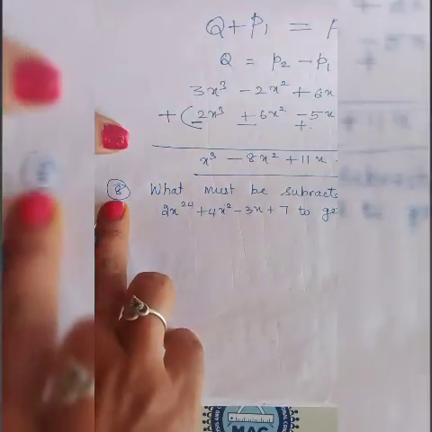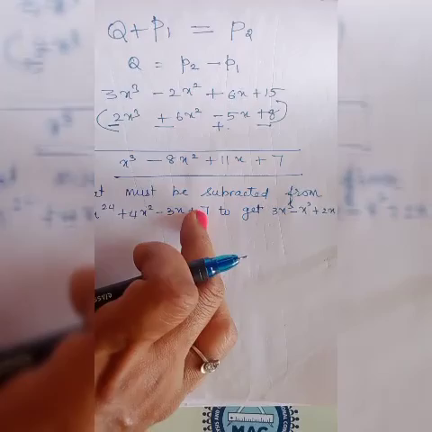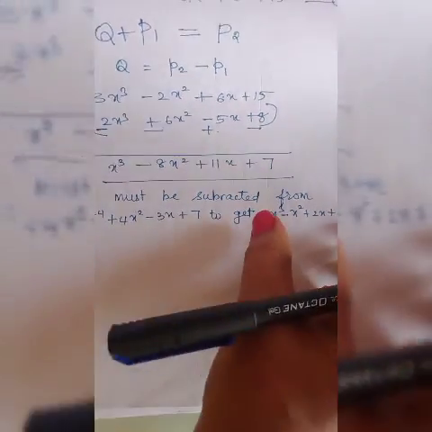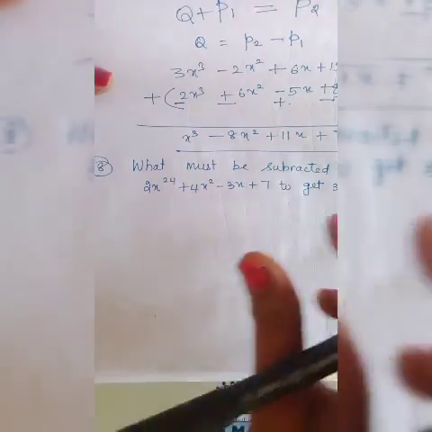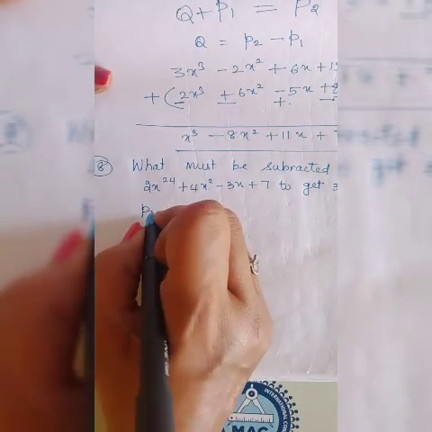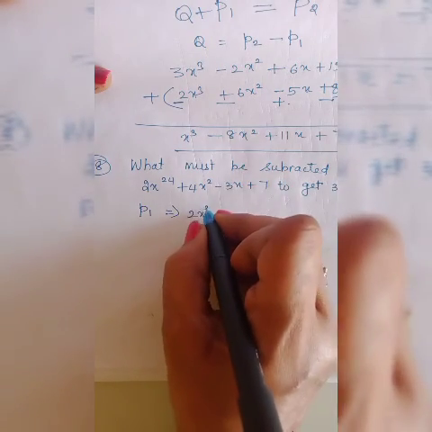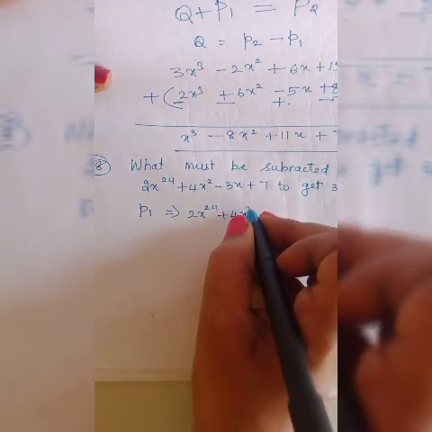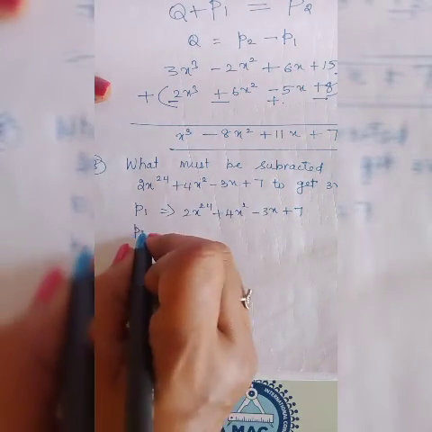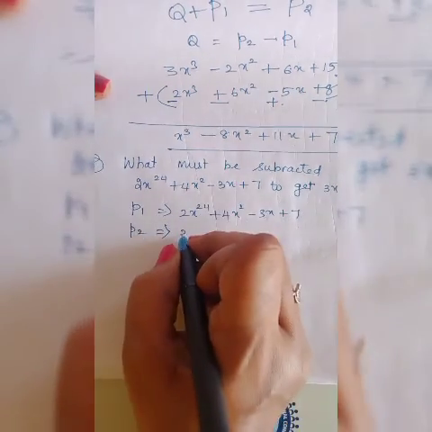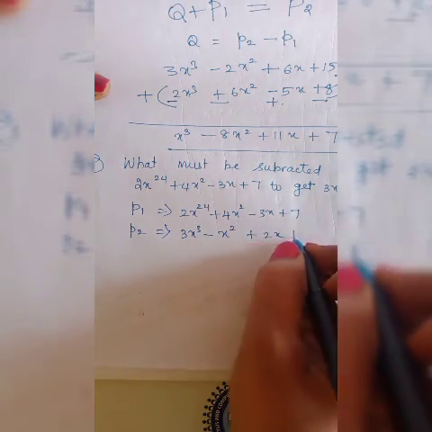I explain 8th problem. What must be subtracted from this polynomial to get the polynomial 2? So first of all, I am naming the given polynomial. Let me name the first polynomial as P1 of x as 2x power 24 plus 4x square minus 3x plus 7, and I am naming the second polynomial as P2, 3x cube minus x square plus 2x plus 1.